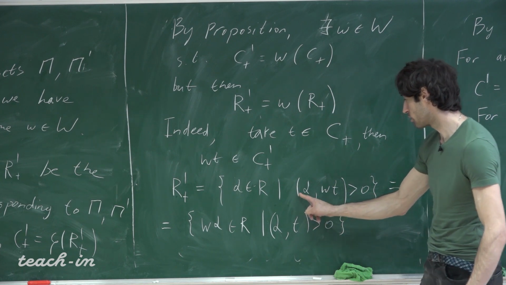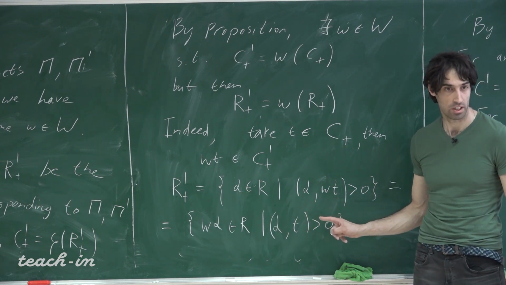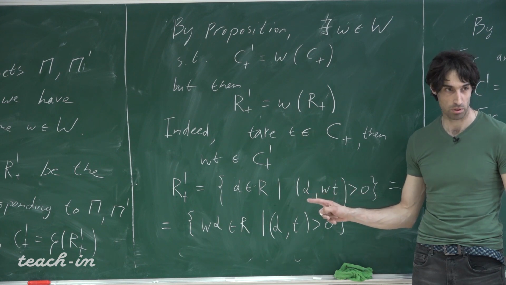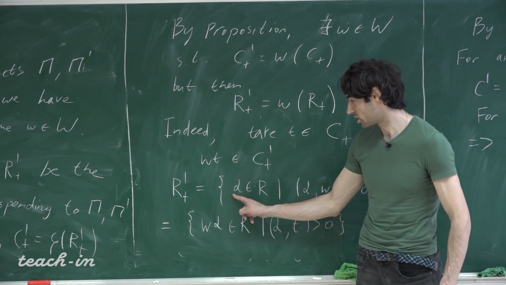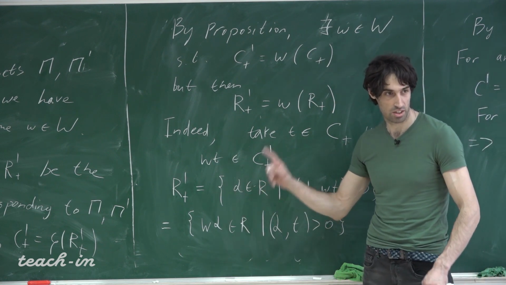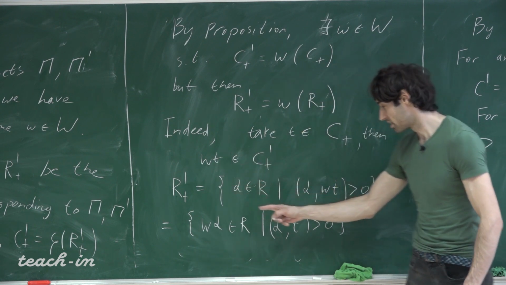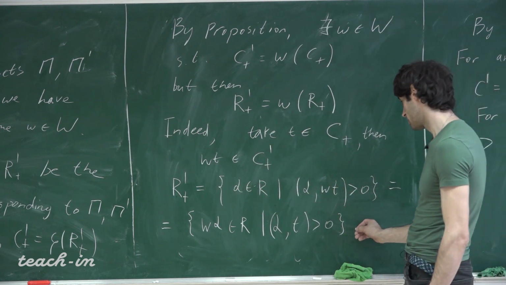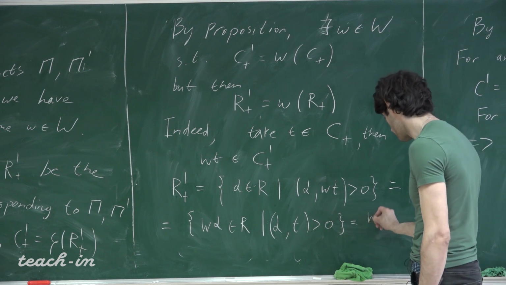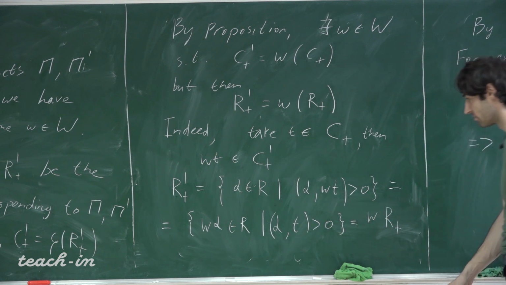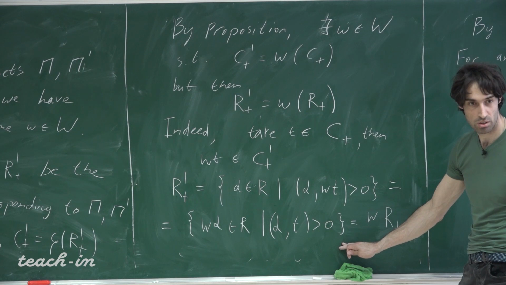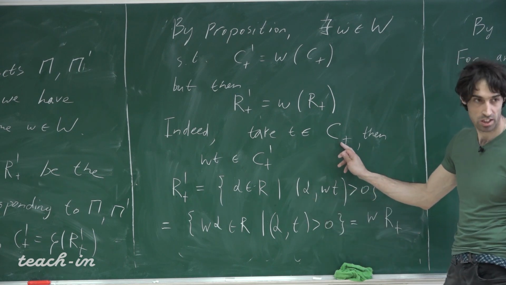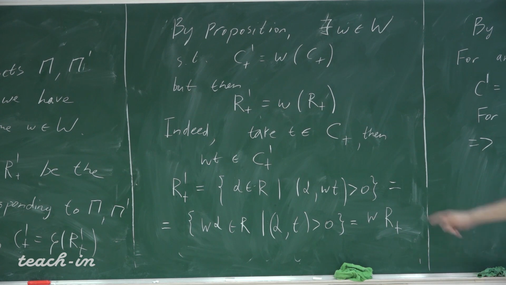So this is just because W alpha, WT is the same as alpha T, right? W leaves inner product invariant. So in this set, we change alpha to W alpha, right? It still will run over all R's, right? And then we have this equality, but this is exactly W of R plus, right? Because without this W here, it's exactly the definition of R plus, because T is from C plus. So we have this. This is the proof of this statement.